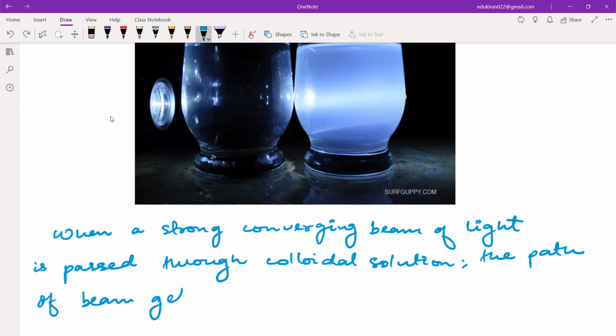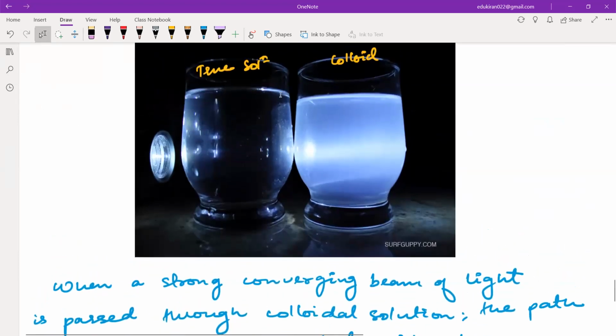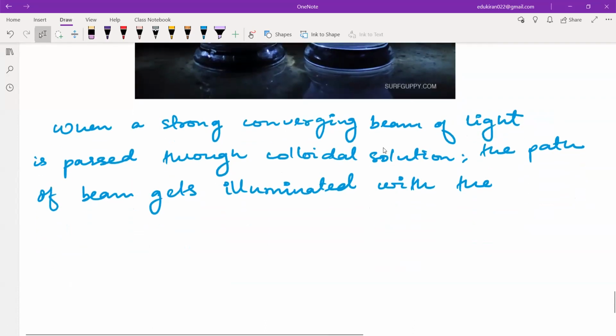It gets illuminated with the light. Illuminated, and also you can see that there is a tint of blue color here, right? Yes or no? There's a tint of blue color, right? So illuminated with the light.